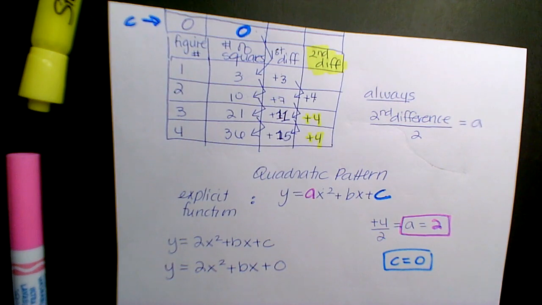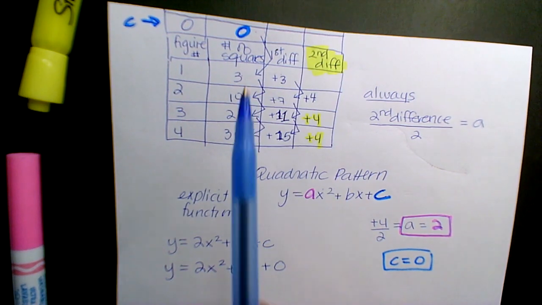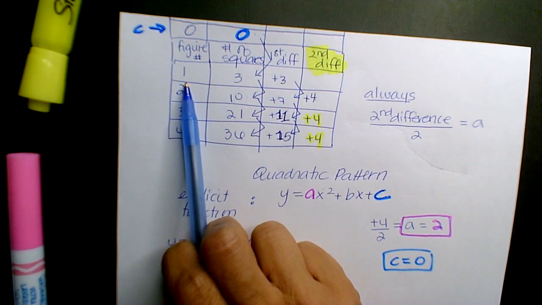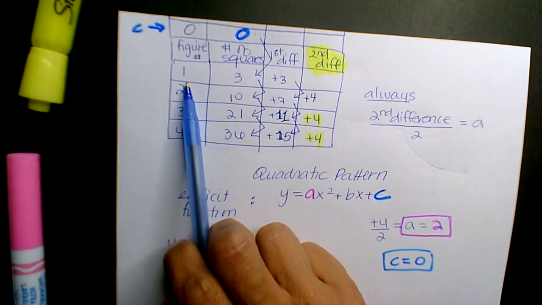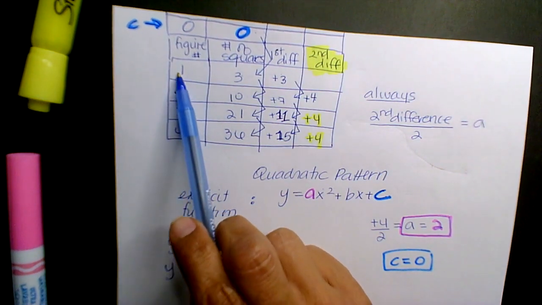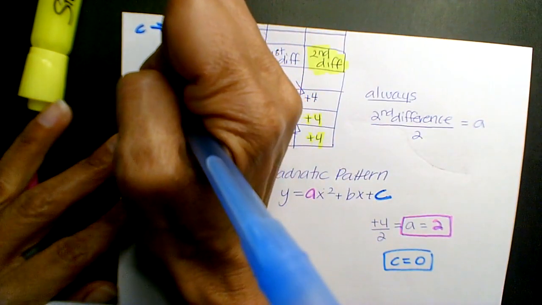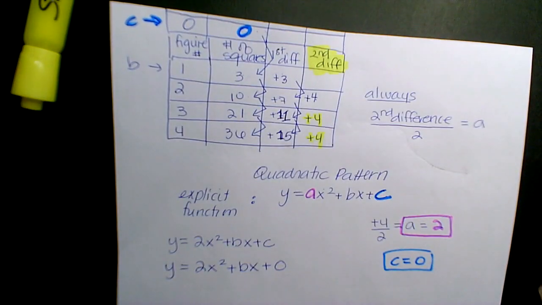Okay, so now what's the next step? I need to find the b value. Remember, we're doing quadratics. You always have the figure 1. So this is usually always given to you because obviously in a pattern, you need the first figure, right? This is the one that gives you your b value, but you need to do some arithmetic.